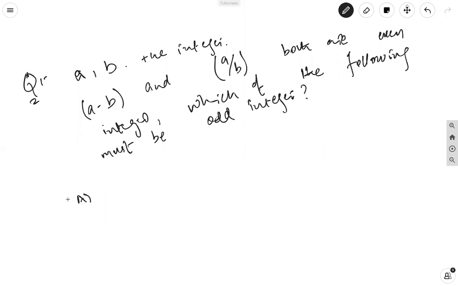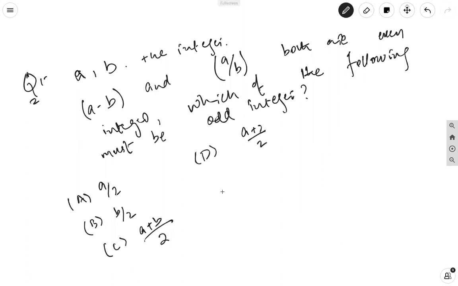So the options are: A is A by 2, B is B by 2, C is A plus B by 2, D is A plus 2 by 2, and E is B plus 2 by 2. Try to solve this question.